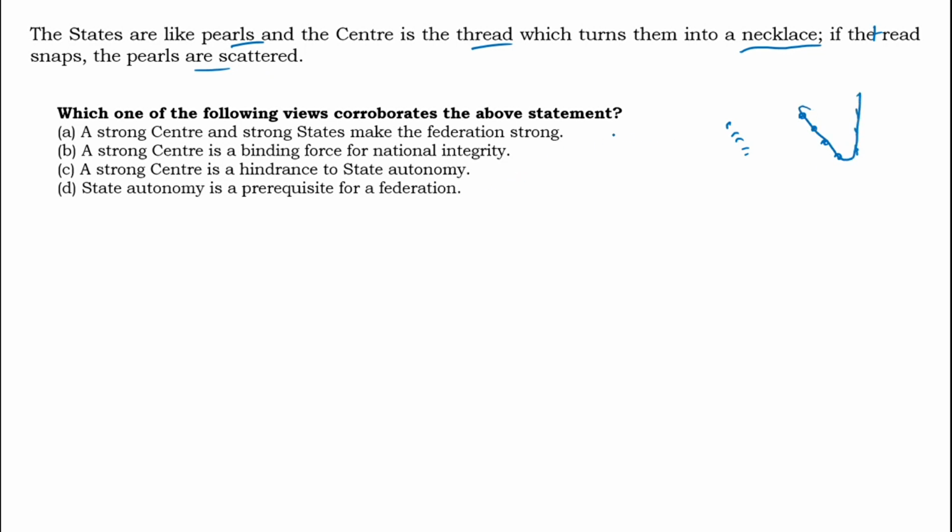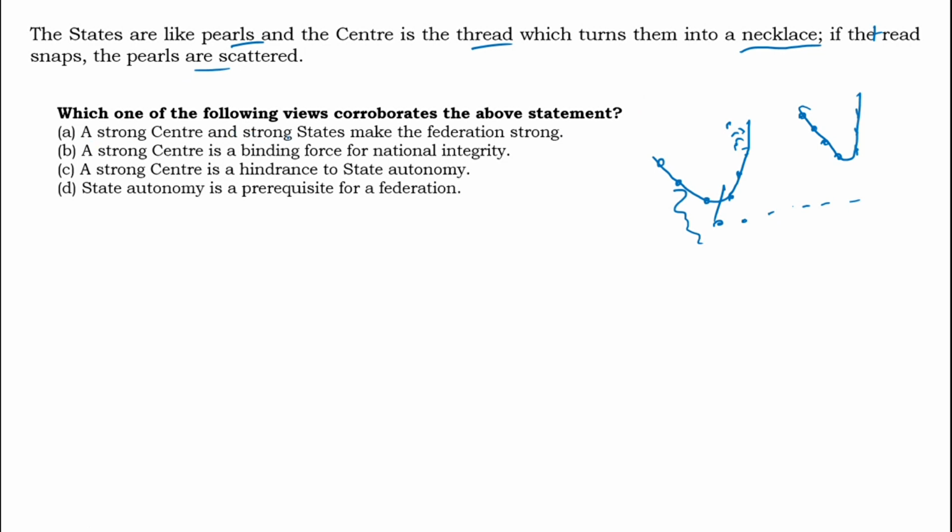It says that the states are pearls, and the center is the thread, which turns them into a necklace. If the thread snaps, states will scatter, and it will not be in unity. If there is a strong center, the nation will be unified, and if the center is weak, the nation will not be unified. This is the main theme of this passage. Let us read the statements now.